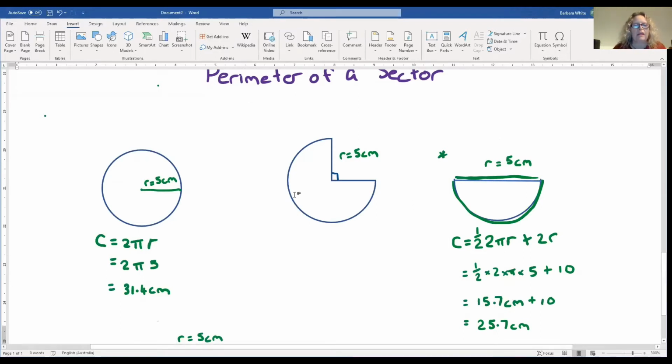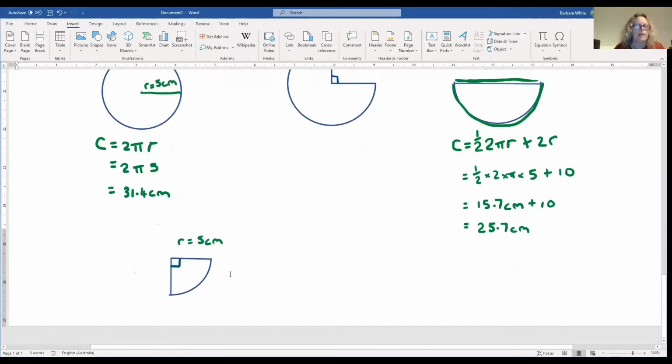I'm going to come back to this one in a minute. This one here is a quarter of a circle. So we're going to write our formula like this. Circumference equals 1/4 times the formula 2 pi r, and that is going to get us this bit here.